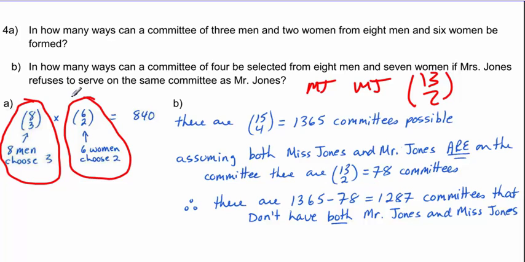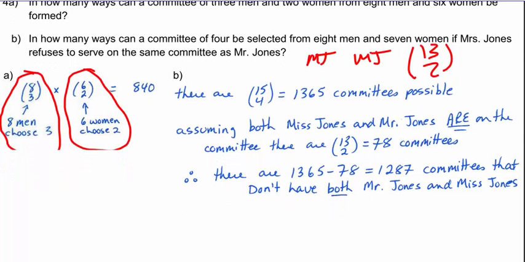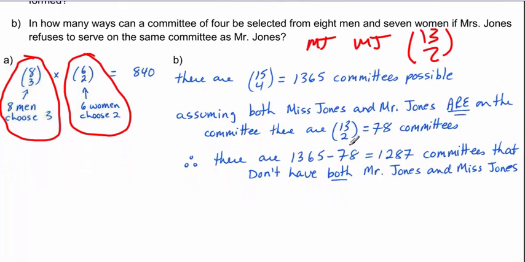The other possibility, of course, is you could look at all the situations that do not contain these 78. So we'll put Miss Jones on, and if Miss Jones is on, we want to not allow Mr. Jones to be on. That leaves me 13 people from whom I need to choose 3.